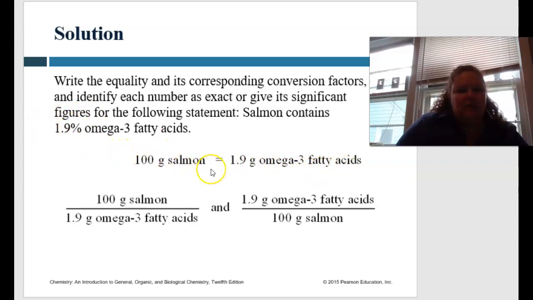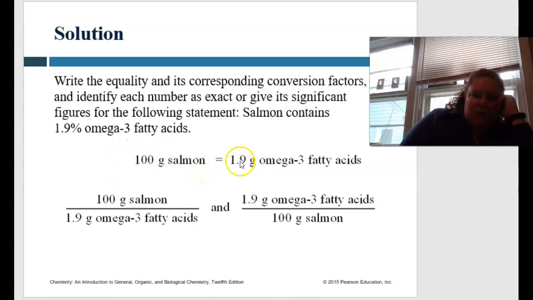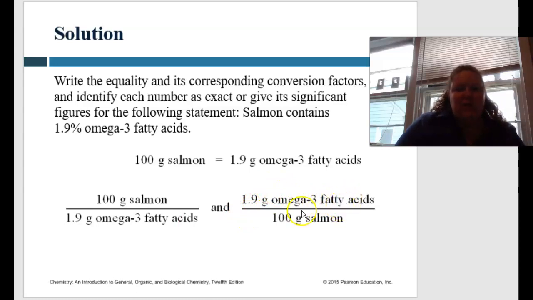So we write this as 100 grams of salmon is the equivalent of 1.9 grams of omega-3 fatty acids, and that would be the same if we flip-flopped it and wrote 1.9 grams of omega-3 fatty acids per 100 grams of salmon. So that's how you can pull it out of a sentence and then apply it, because percentages are per 100. Okay.